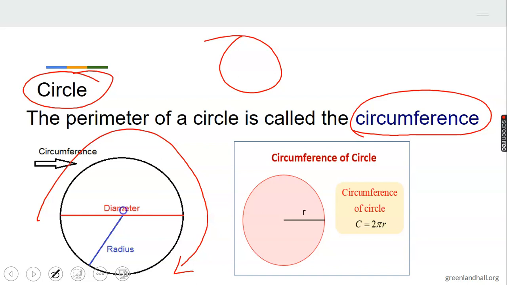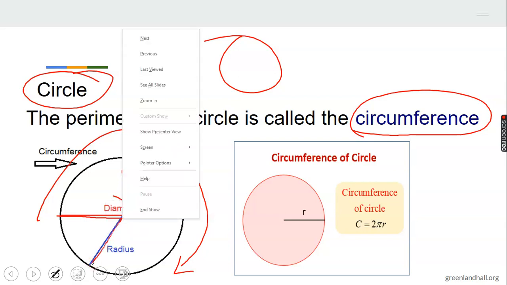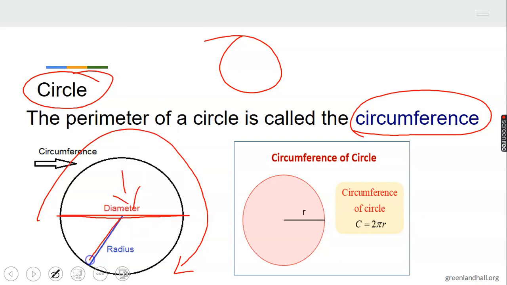Now, you can look at this circle very well. There is a line that passes through the middle of the circle. We call it the diameter. While there is one from the center of the circle that touches the circumference, we call it the radius.